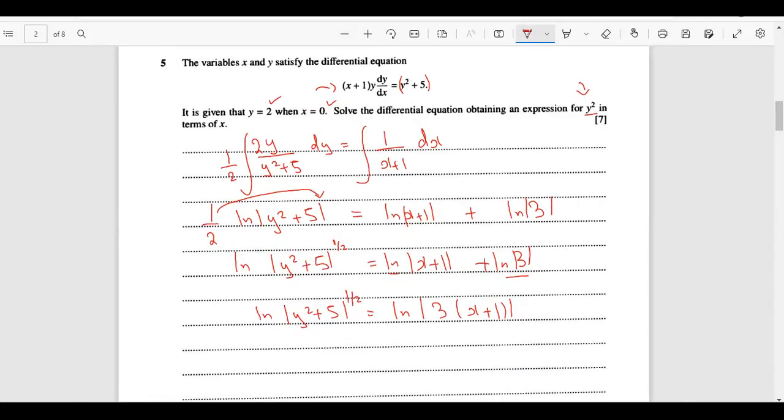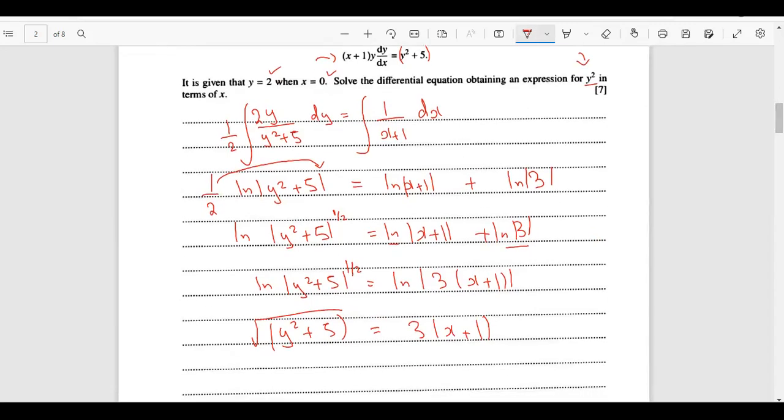Just write it down this way: y squared plus 5 whole power, you can write it with a square root now. This thing equals 3 into x plus 1.